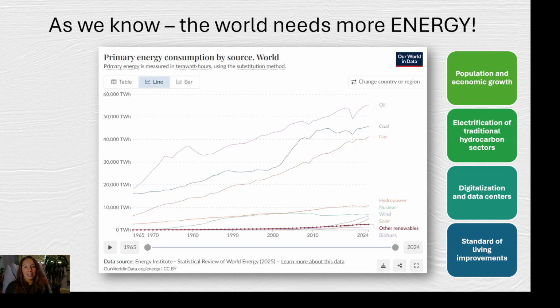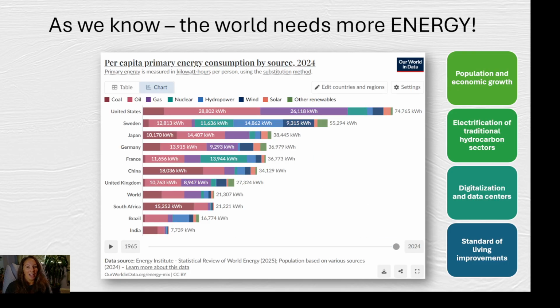So when we look at the different sources, kind of breaking it down, we can see that with the other renewables, which I've highlighted here in the maroon, this might be some we're interested in as geologists, things like geothermal. And then also, as we look at the different energy consumption by source for some of the larger energy consuming countries, you can notice that a lot of our energy comes in the form of coal, oil, and gas.